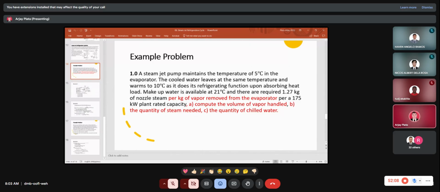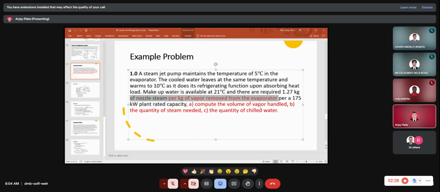And then makeup water is available at 21 degrees Celsius and there are required 1.27 kilogram of flash steam per kilogram of vapor removed from the evaporator per 175 kilowatt plant capacity.